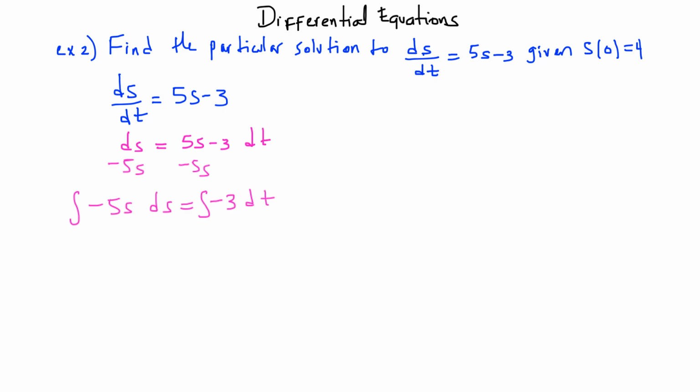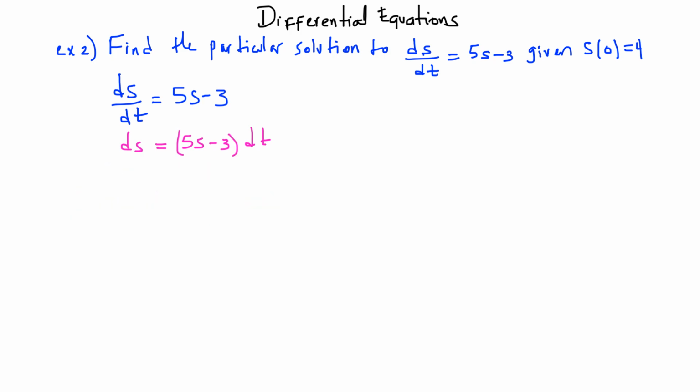And where's the mistake? The mistake is in not realizing that when you multiply both sides by dt, you're actually saying everything here is multiplied by dt. So 5s minus 3 needs to be in parentheses. Okay? Now that's more like it.